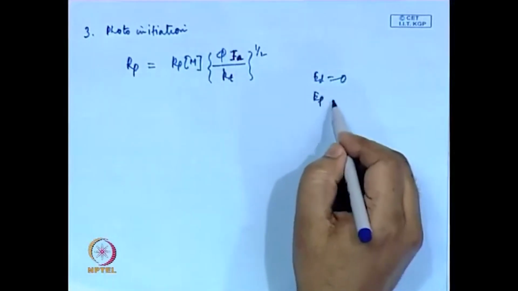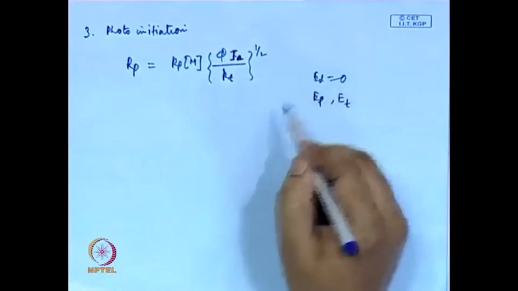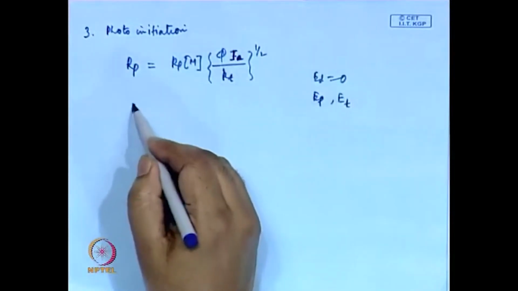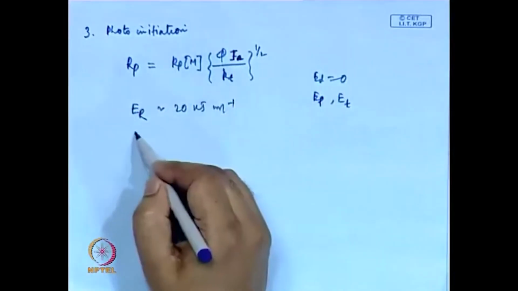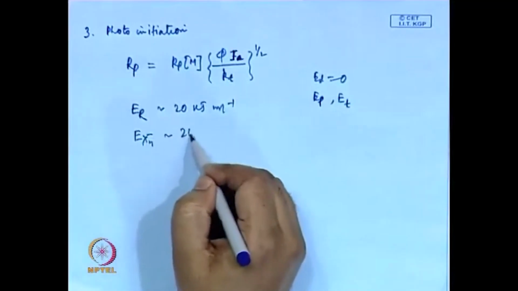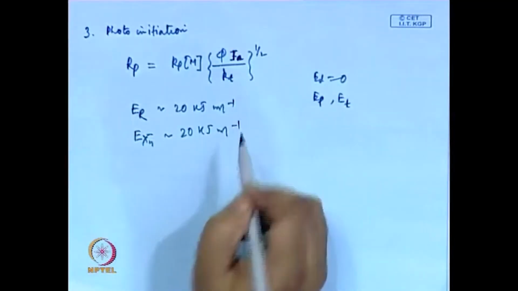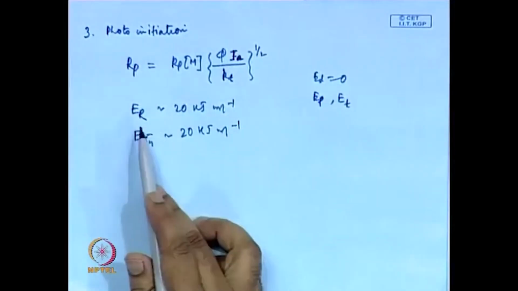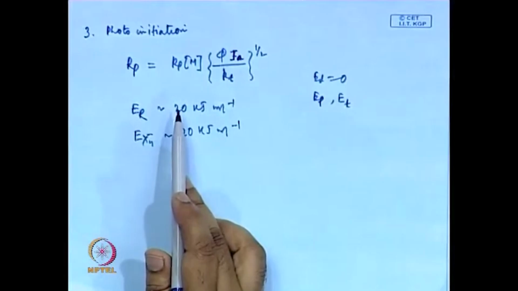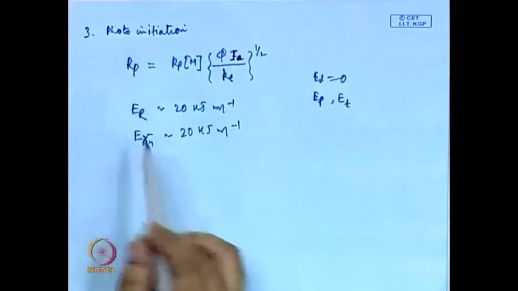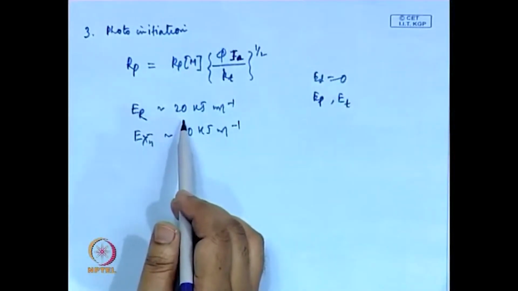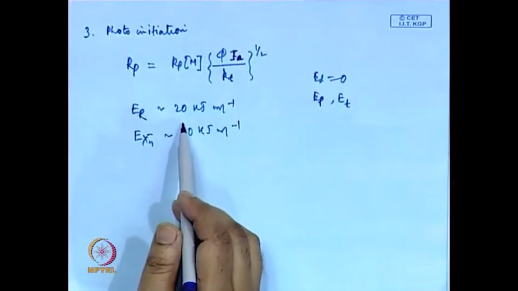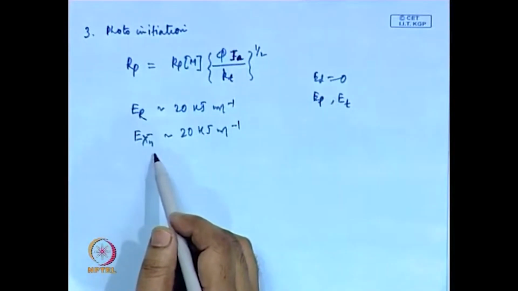So if you put E_d as 0 and E_P and E_T with the values the same as earlier, you will get E_R around 20 kilojoule per mole, and likewise E_Xn. This means that in a radical polymerization initiated by a photochemical reaction, the rate of polymerization increases mildly with increase in temperature, and so does the molecular weight.